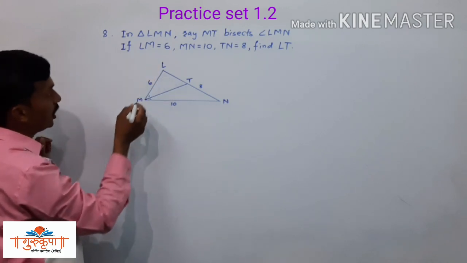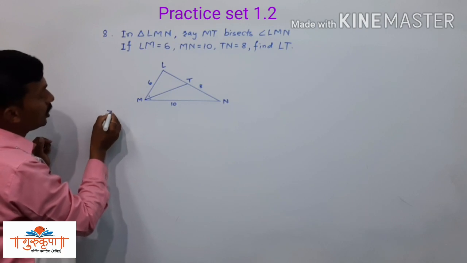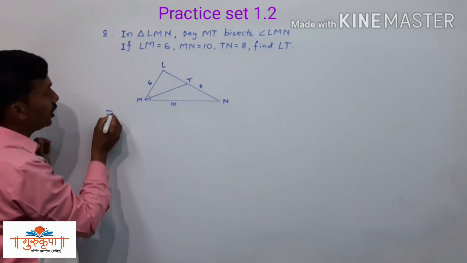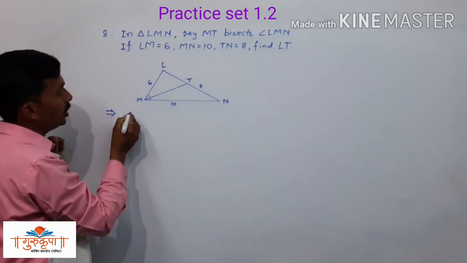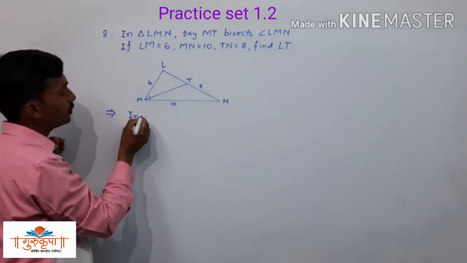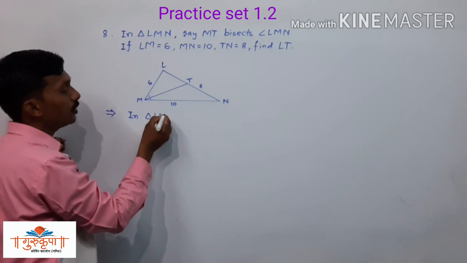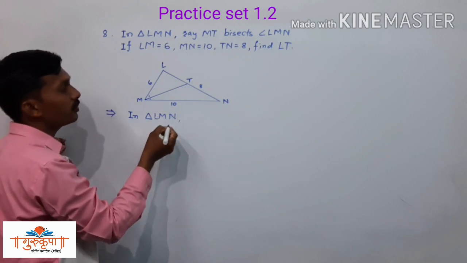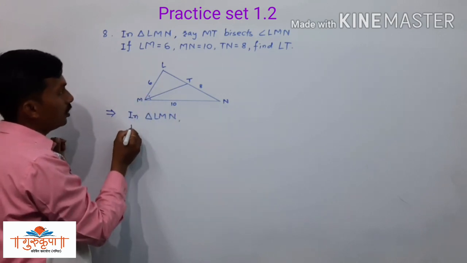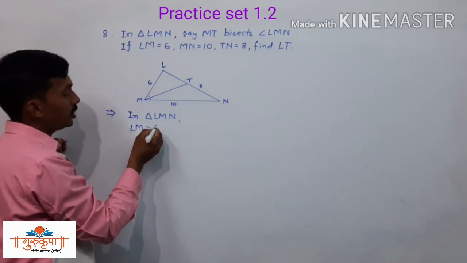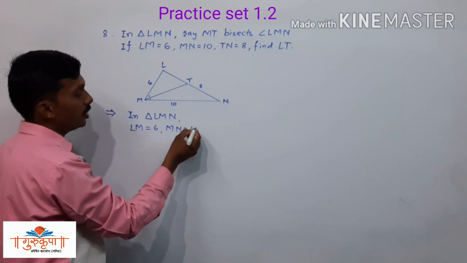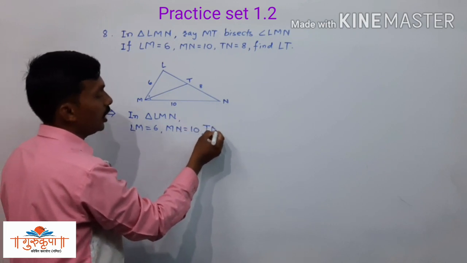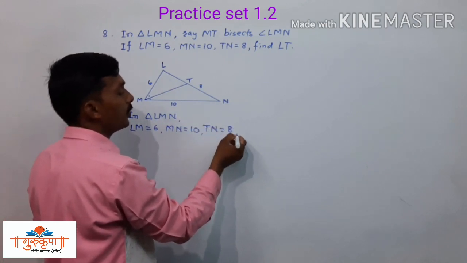So first we draw the diagram, then we will write the given information, that is in triangle LMN. First we will write the measurements of the segments which we have, that is LM is equal to 6 units, MN is equal to 10 units, TN is equal to 8 units and we have to find LT.